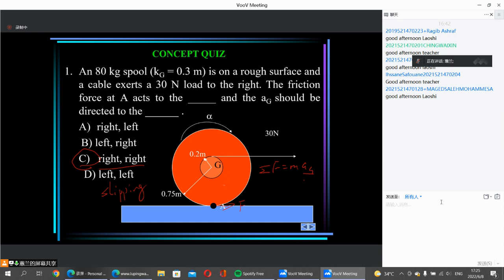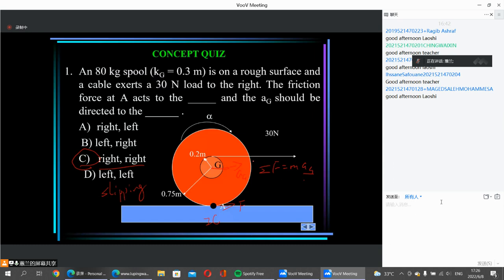If it's non-slipping, A is the IC. A is the IC, right? So that means here the friction force should be the static friction force. The static friction force again opposes the tendency to move. Because alpha is counterclockwise, a_G should be here, right?